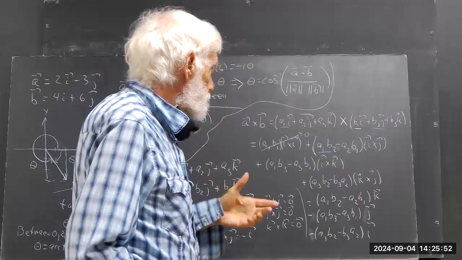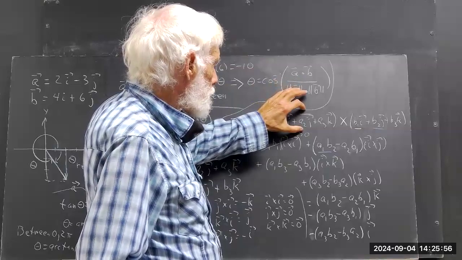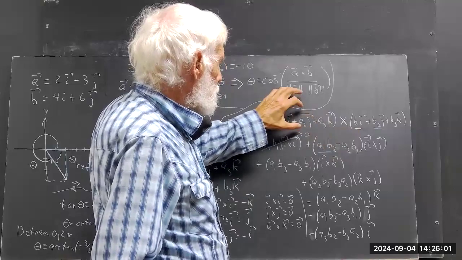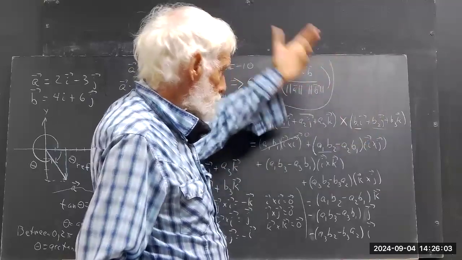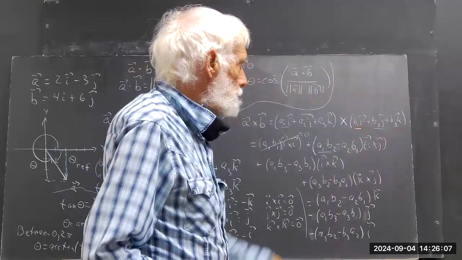Now, let's do A2 j. We've already done that by B1 i, and we don't do j cross j. It's zero. And A2 j cross B3 k.